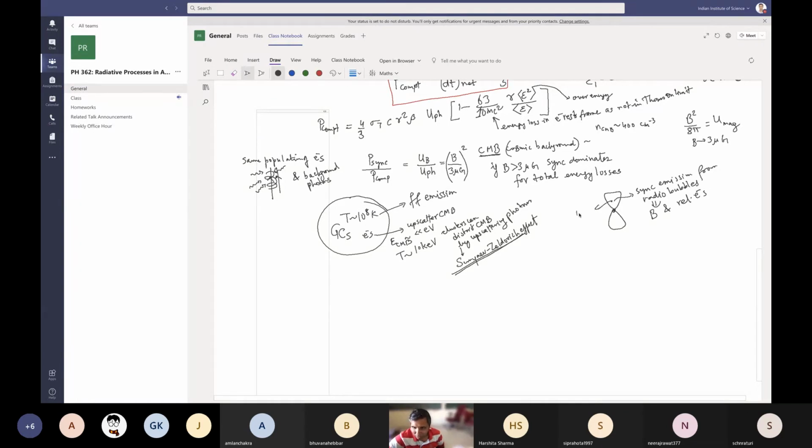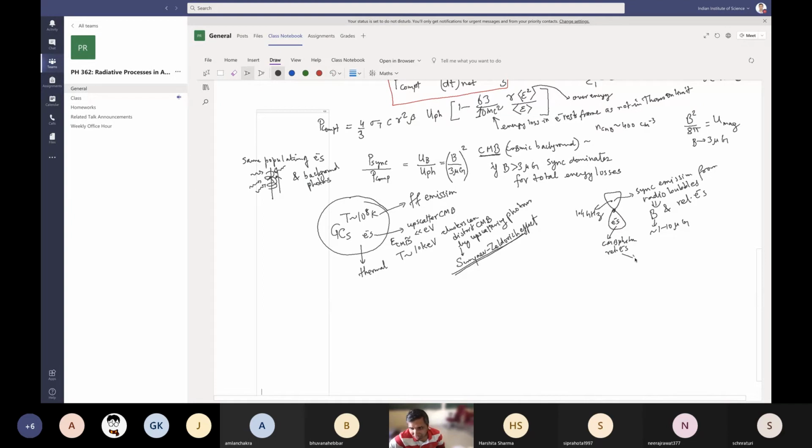For example, these will emit at 1.4 gigahertz, and the magnetic field is of order 10 microgauss, a typical value people quote for these. But the same electrons can also upscatter CMB photons. Here I was talking about thermal electrons; here I'm talking about relativistic electrons in these bubbles, which are otherwise emitting radio.